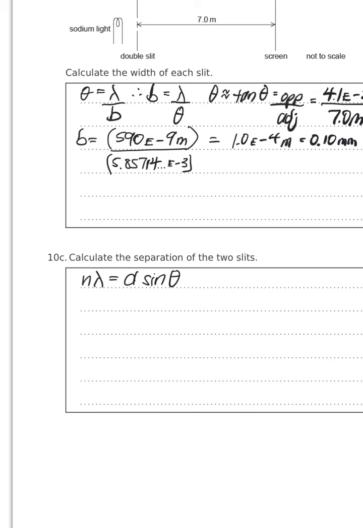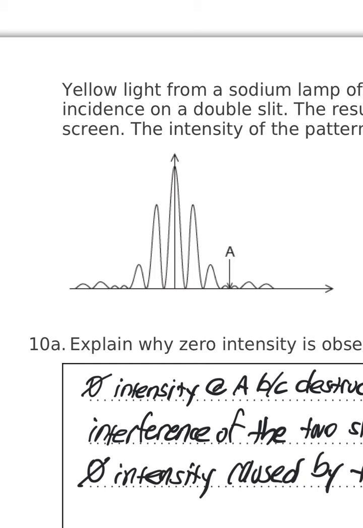Let me explain that. So here's the diagram, and we have the primary 0th maximum in the middle, and then we have maximum 1, 2, and then 3. Now there would have been a peak here, except that peak gets squashed because that also corresponds to the minimum point caused by the single slit diffraction envelope.